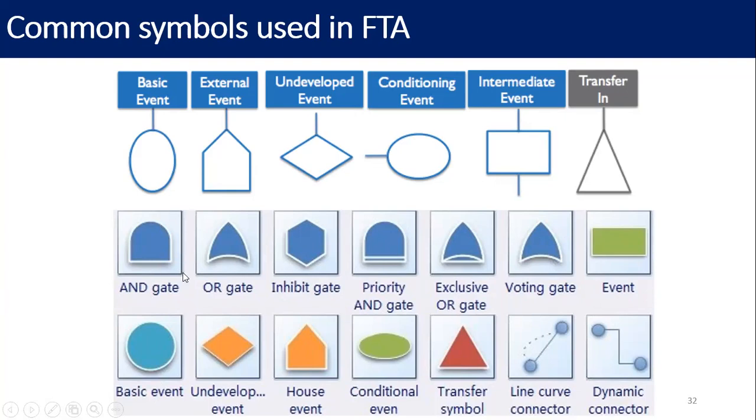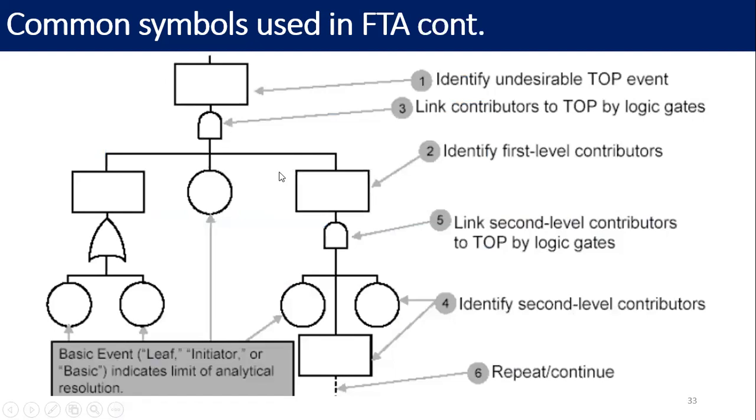For the AND gate, both inputs should be there to get the output as one. For the OR gate, with two inputs, if you have either one input, you can get the output. These are the symbols used in fault tree analysis.